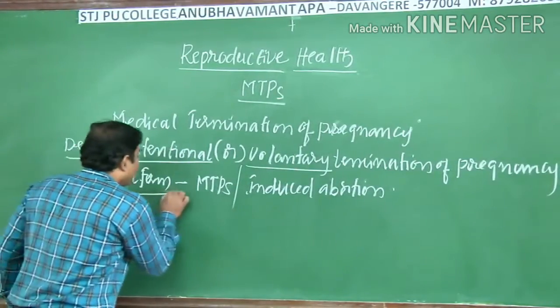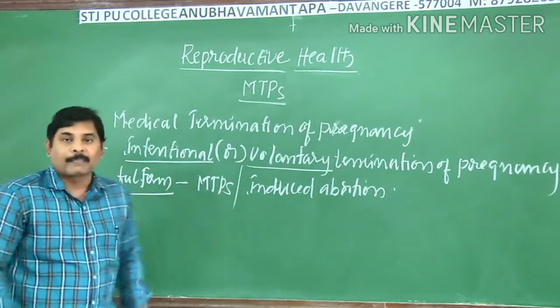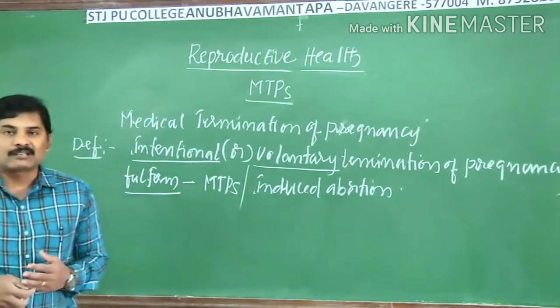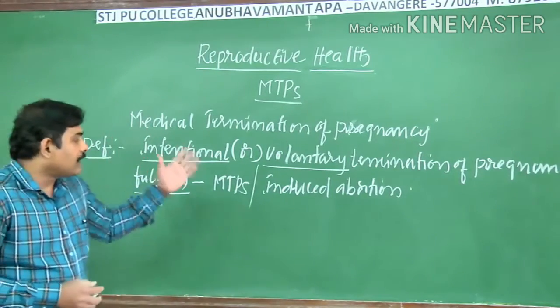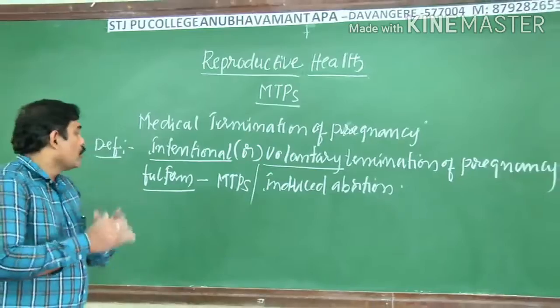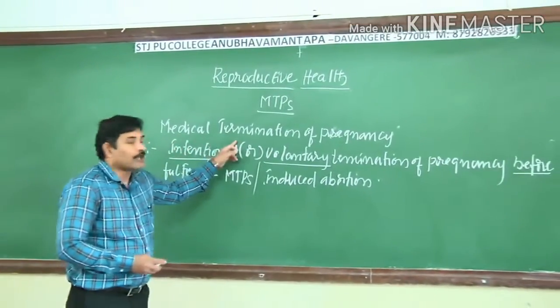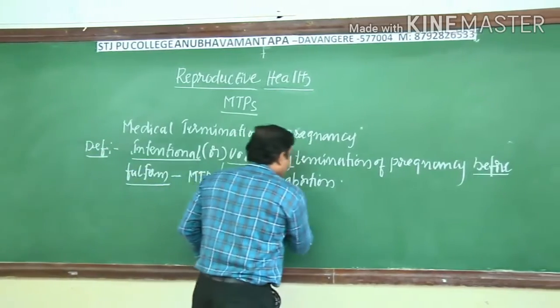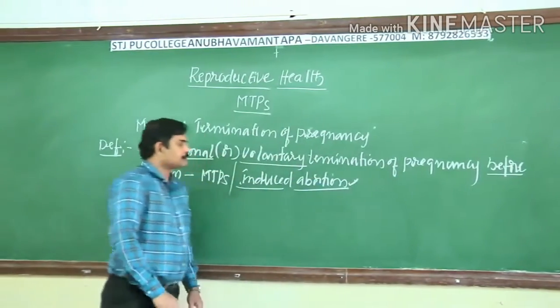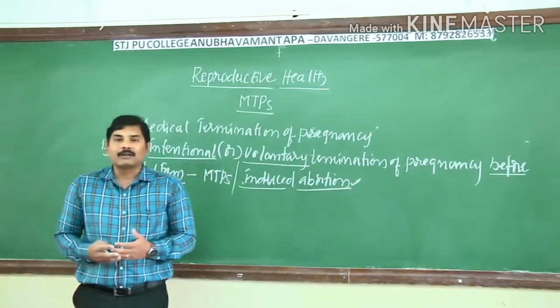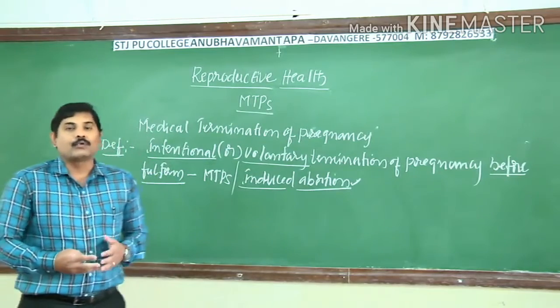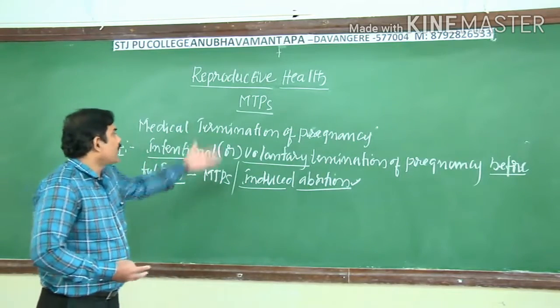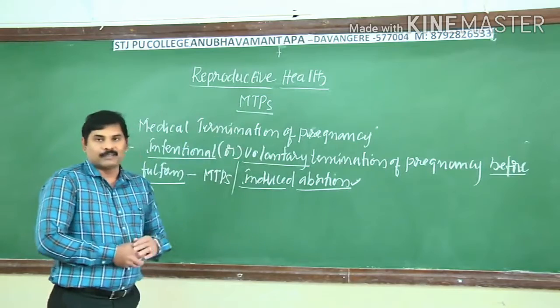Before the full term includes before the completion of the gestation period. If the pregnancy gets terminated, then we call it medical termination of pregnancy. Another name for that is induced abortion. Abortion is a very common term that we use in our regular day-to-day life to express these MTPs.